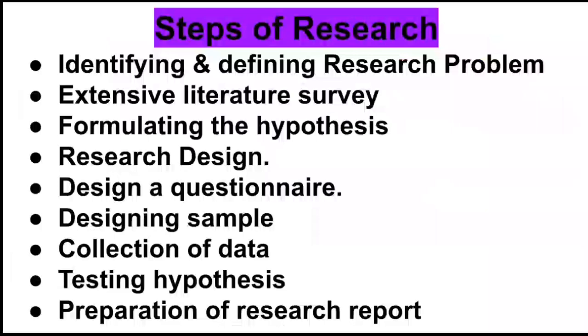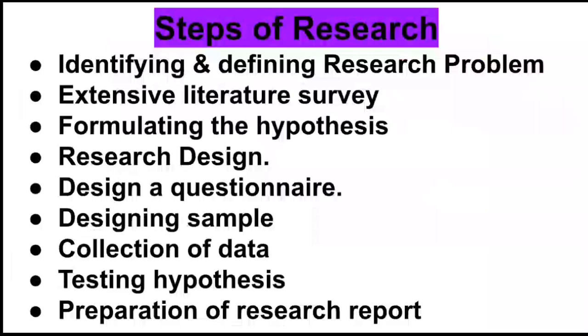Research design. Then we formulate a research design that consists of the steps for doing the research process. Then we design a questionnaire that consists of the questions that we want to figure out the answers for them. Then designing a sample.